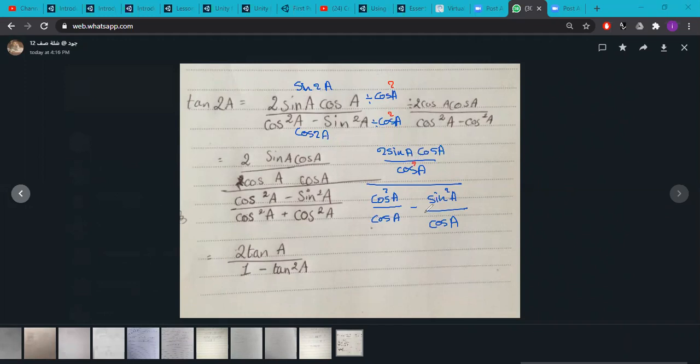One cosine goes with one cosine, and cosine square over cosine square is 1. I get 2 sine A divided by cosine A over 1 minus tan square A. So this equals 2 tan A over 1 minus tan square A.